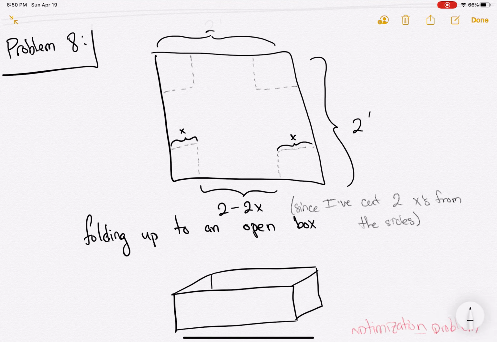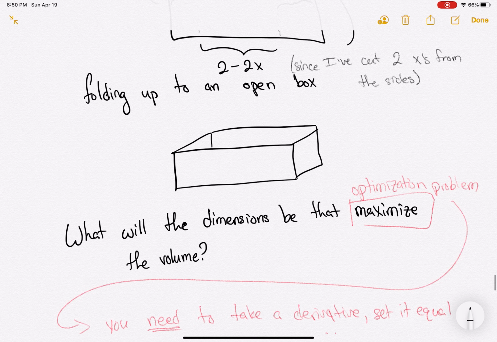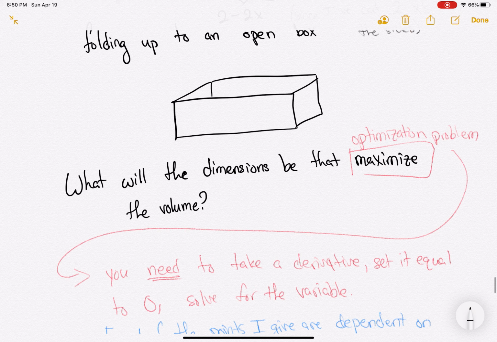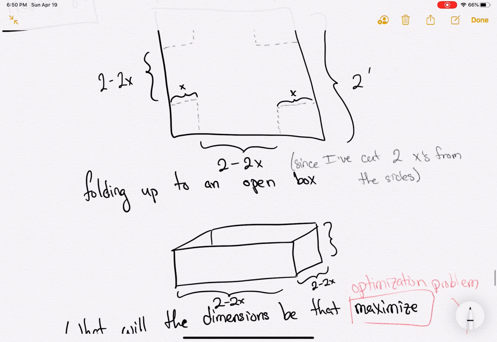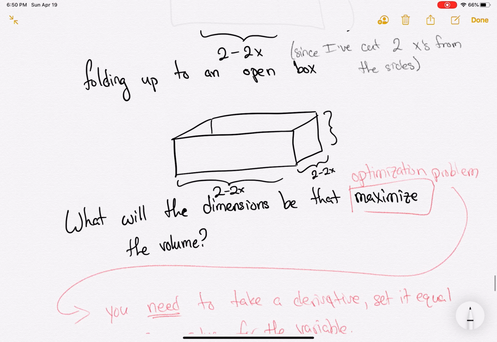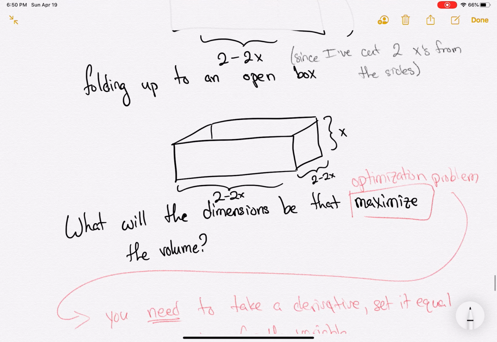And that gives the same length here, 2 minus 2x, which means when I fold up my box, my width is 2 minus 2x, my length is 2 minus 2x, and my height, if I think about folding it up, is going to be x.